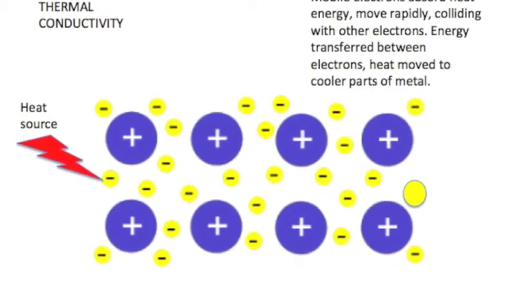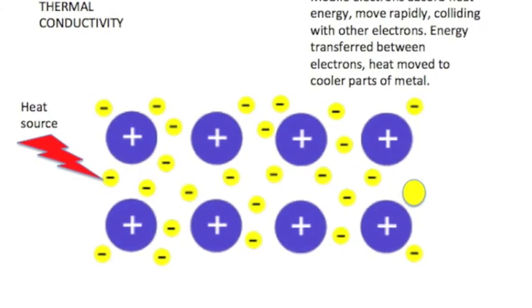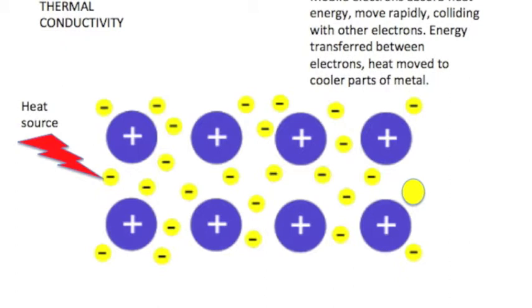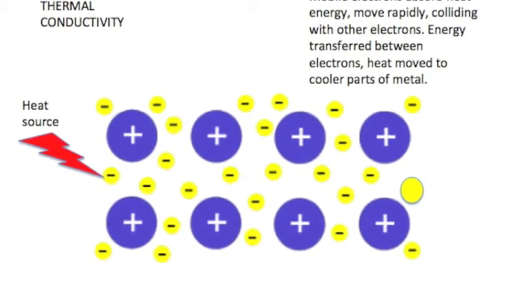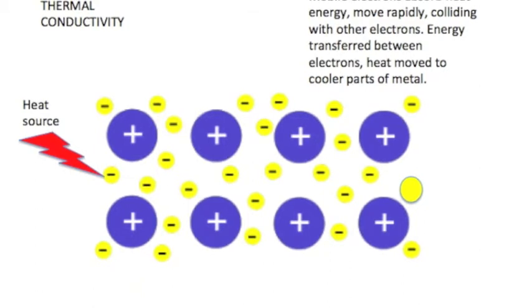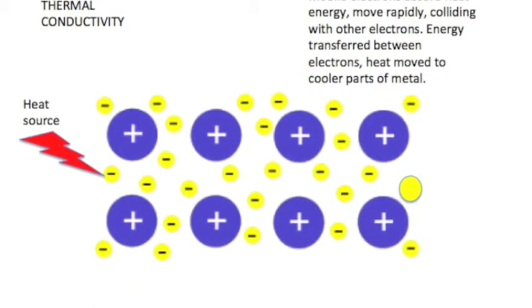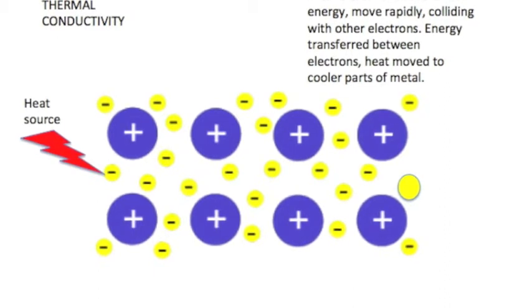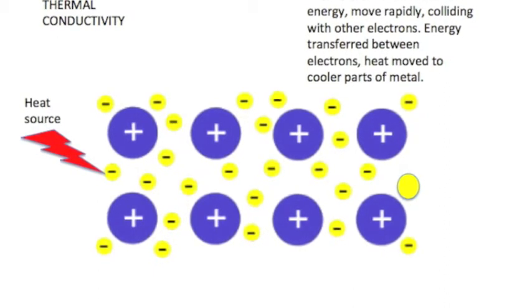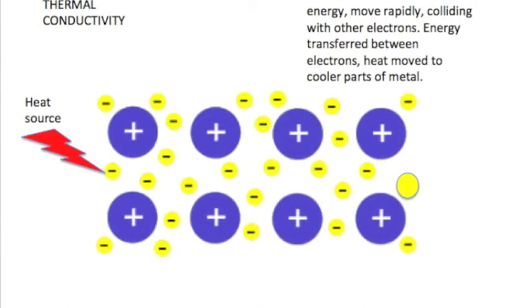The rationale is mobile electrons absorb heat energy from a heat source. These electrons move rapidly, colliding with other electrons. Energy is transferred between electrons and the heat is moved quickly to cooler parts of the metal, as we saw as the heat source moved the electrons from left to right.